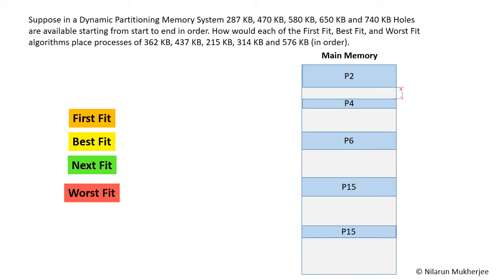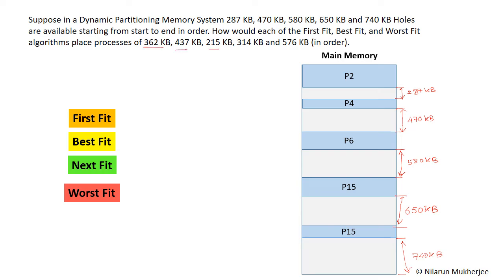So the problem says the holes are 287 kb, this hole is 470 kb, this hole is 580 kb, this hole is 650 kb, this one is 740 kb.